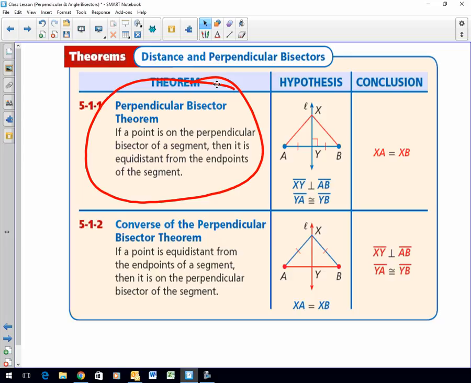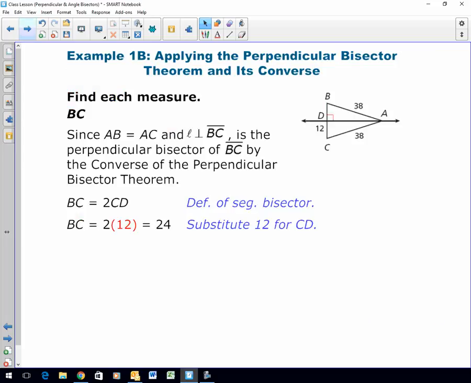Anybody need this one more? Okay. All right, check it out. It wants me to find the measure of BC. Since AB is congruent to AC, it has to be that AD is the perpendicular bisector of BC.